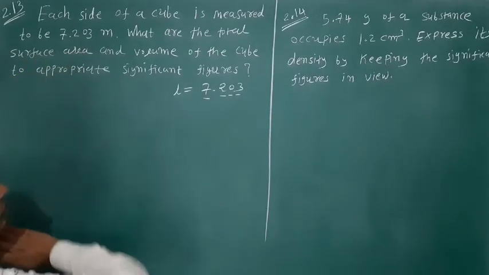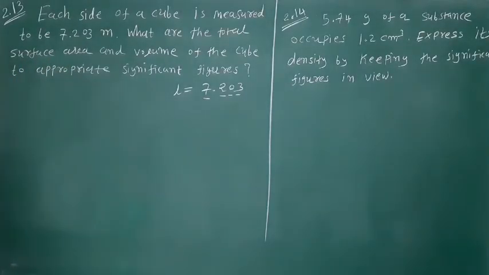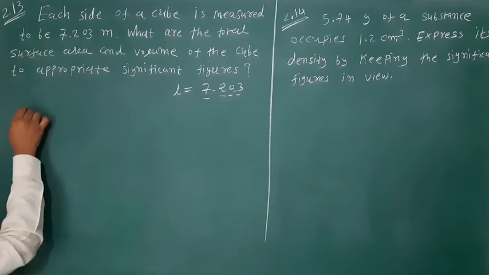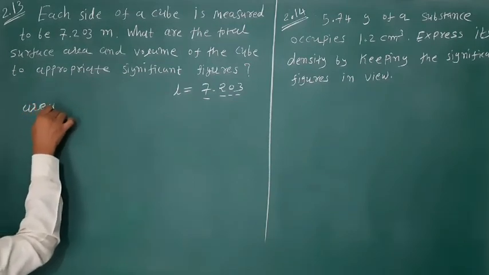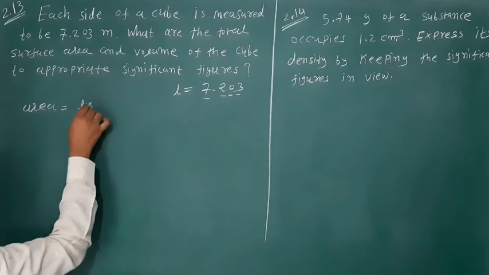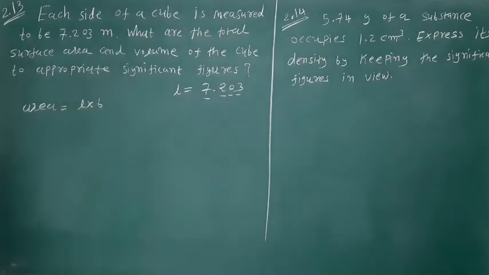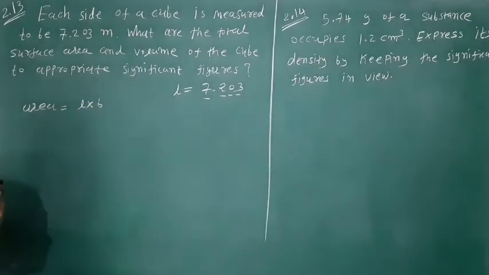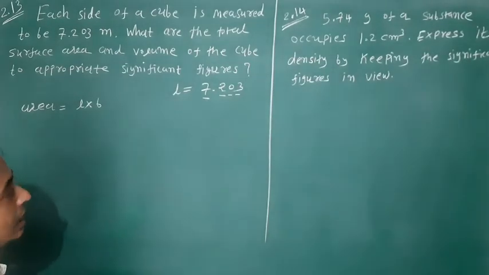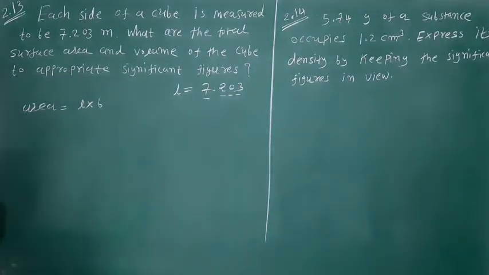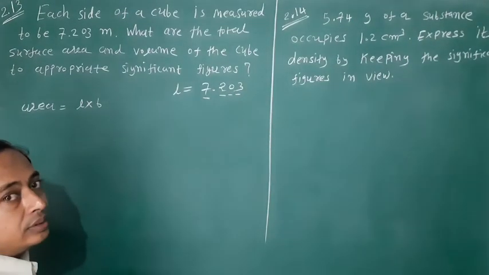So first of all, now we want to find the surface area of the cube. Okay. So first of all, the formula for area is length into breadth. And for a cube, length, breadth and height are the same. Okay. And this cube has 6 sides.